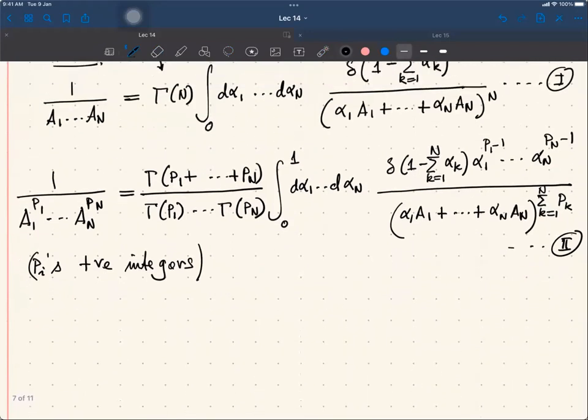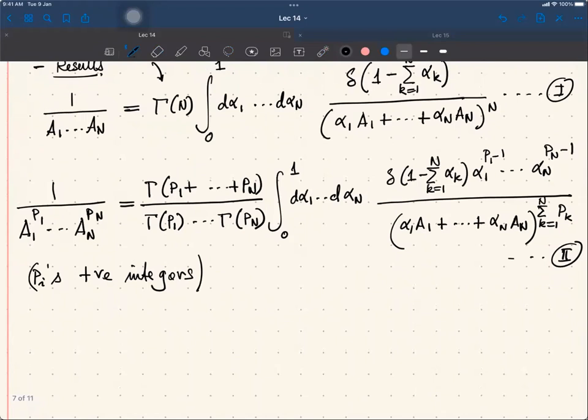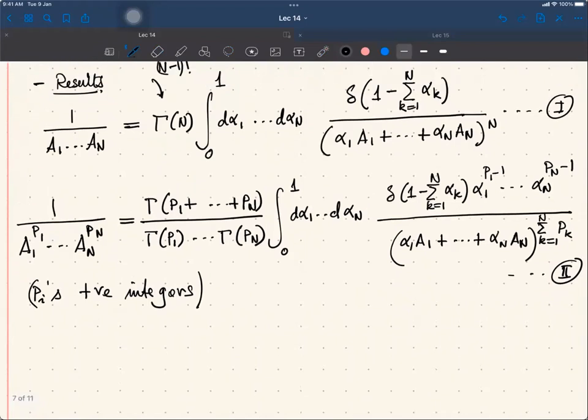So let us first focus on number 1. Number 2 is more complicated, but for number 1, we have a simple pictorial description of it.